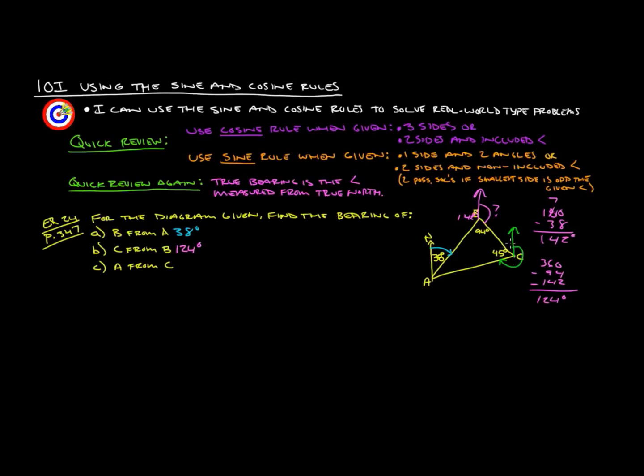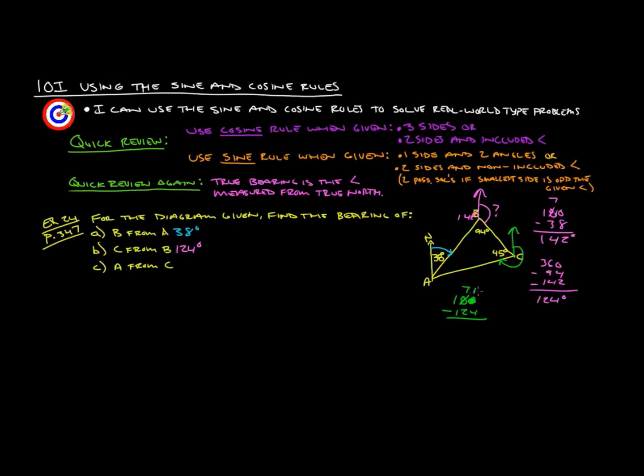If we can figure out what this piece is, then we can just subtract it from 360 like we just did. Again, these are supplementary angles right here, so we're going to take 180 degrees minus this angle here, which we just figured out is 124.